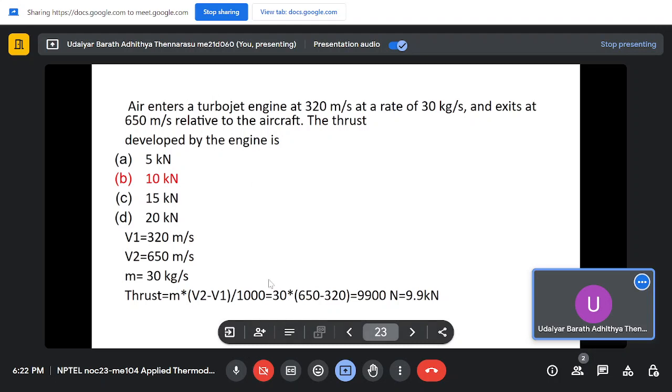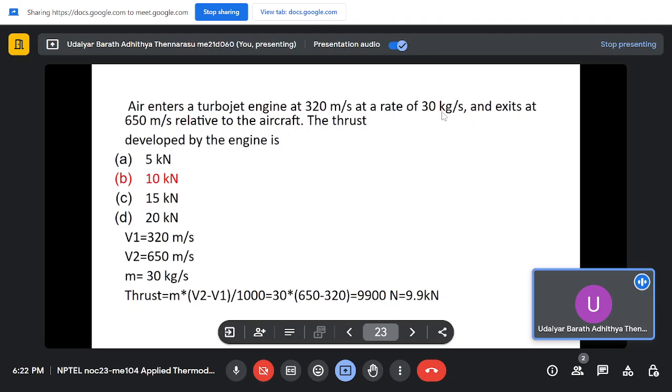Thrust is the force acting on the plane. Force is the rate of change of momentum, which is the mass flow rate times the change in velocity, so m dot into (v2 minus v1).